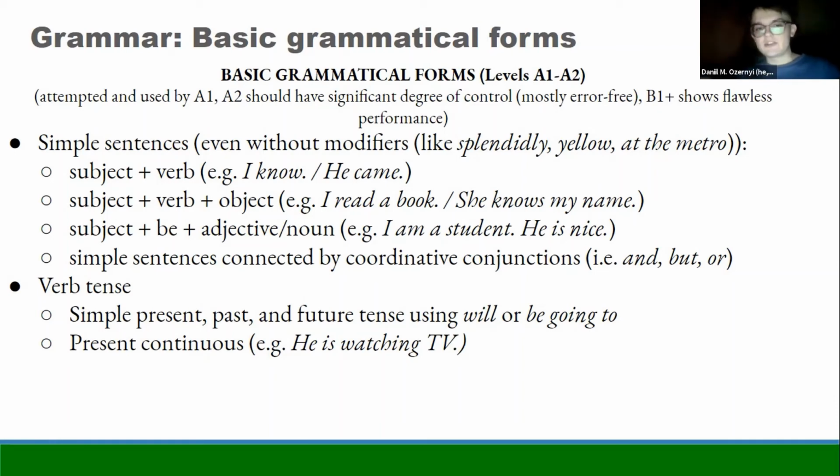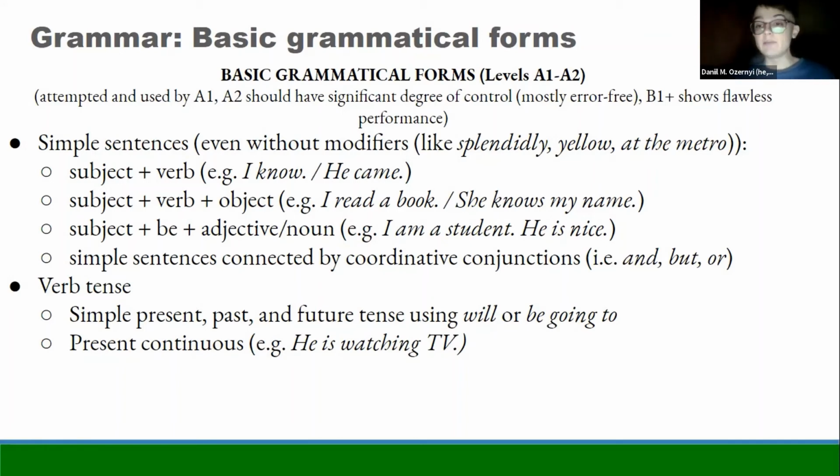Subject, be, adjective, noun. Structures like I am a student, he is nice, the weather is good, etc. Still very simple structures and simple sentences connected by coordinate conjunctions. Strictly speaking, or is a disjunction, but we'll just group them together.